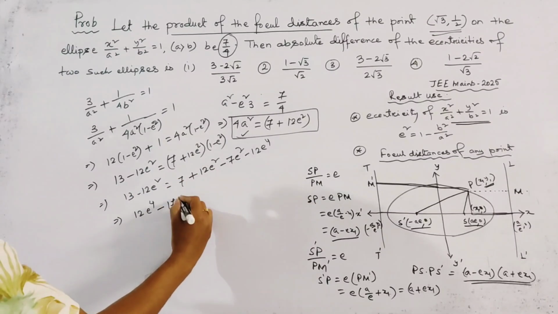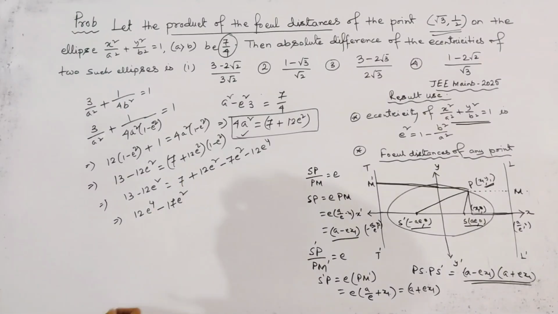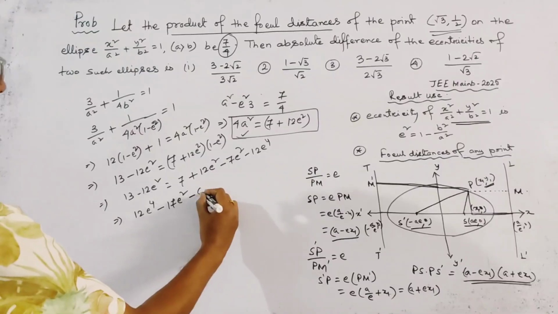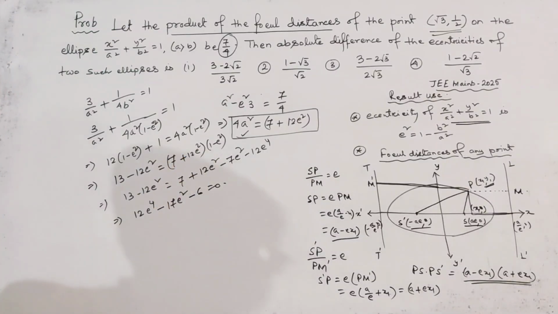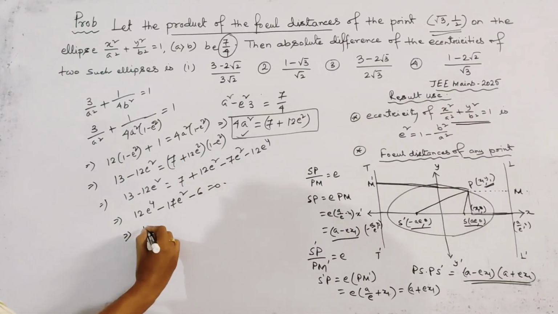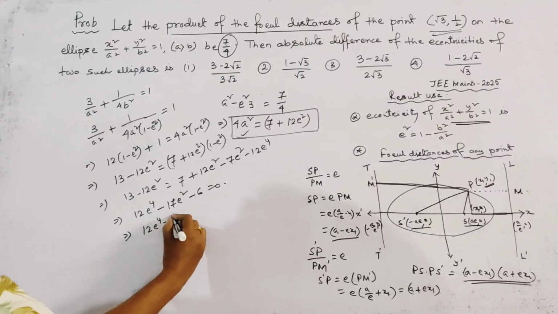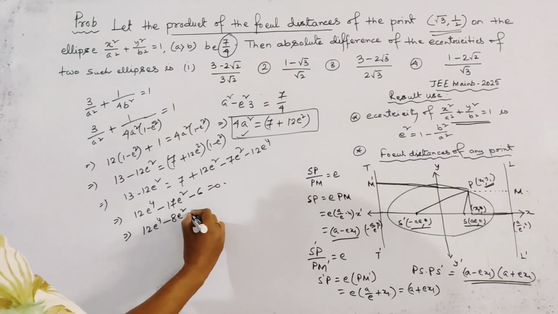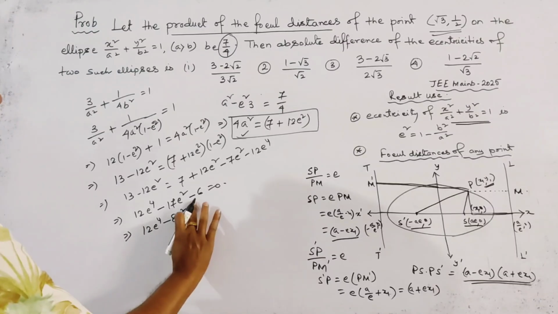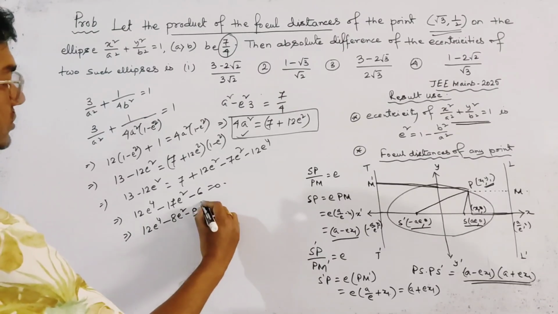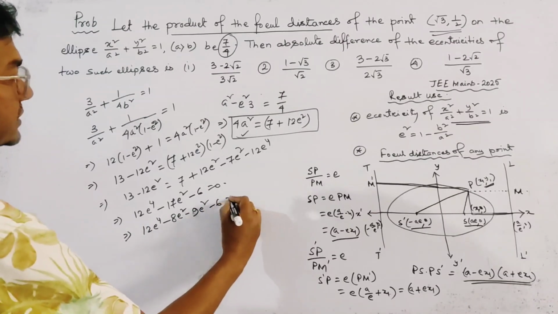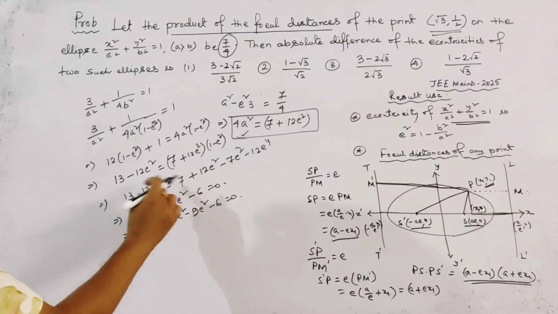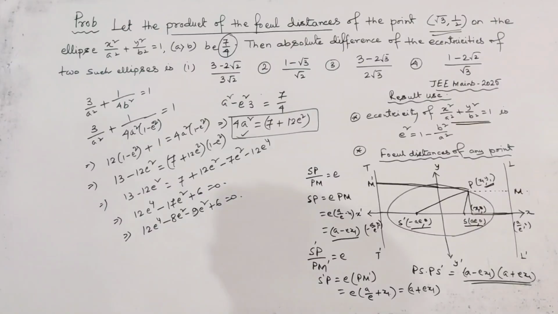So we get the equation 12e to the power 4 minus 17e square plus 6 equals 0. I made a small mistake here: this is 13 minus 7, this is plus 6. Right?